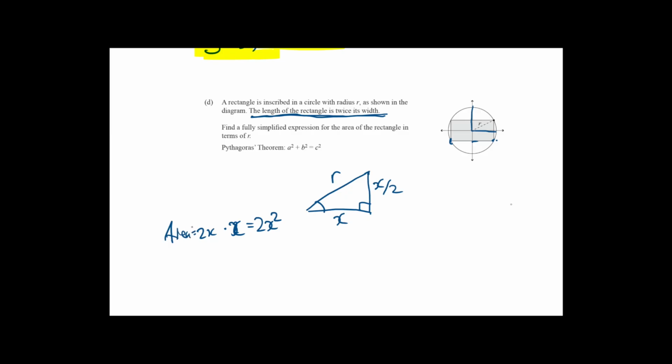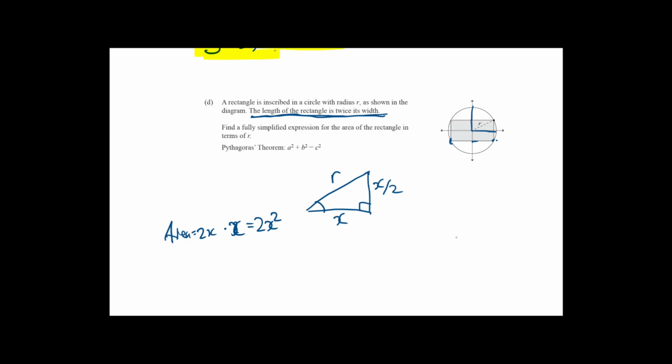And they want the area of the rectangle in terms of r. And I think there's a formula that I've seen that links both of those together. But let's pretend we don't know that for now. I certainly don't expect you to know that.